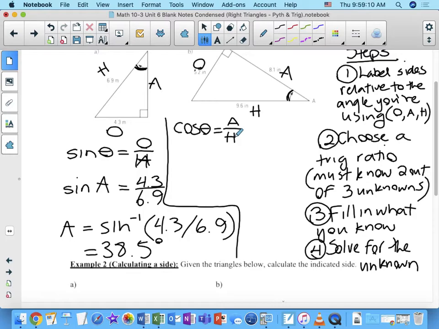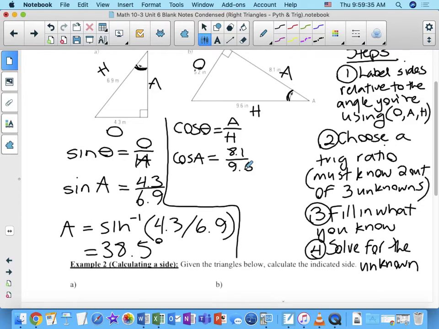That's theta. Do I know what the angle is? No. So I'm just going to write the cosine of A. Do I know the adjacent side? Yes, it's 8.1. Do I know the hypotenuse? Yep, it is 9.6. Okay, so I have the ratio.